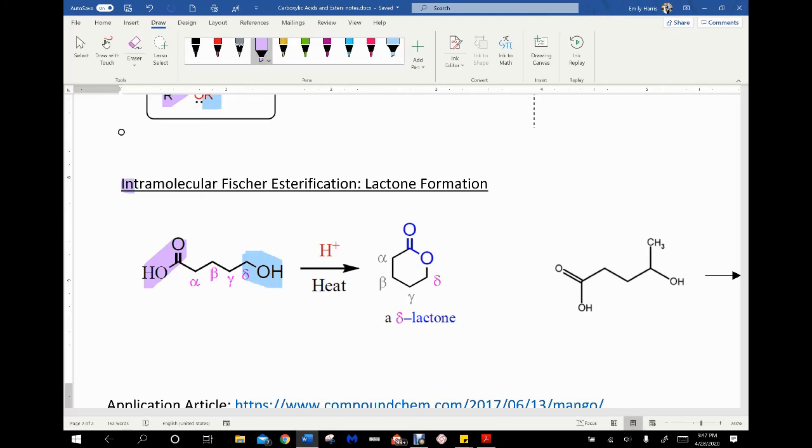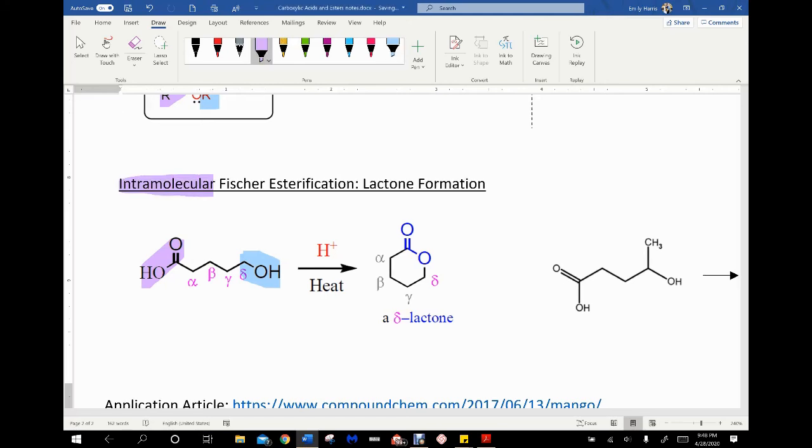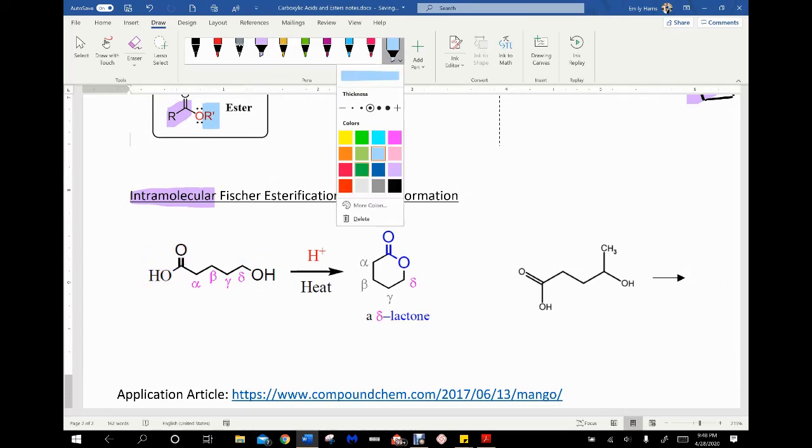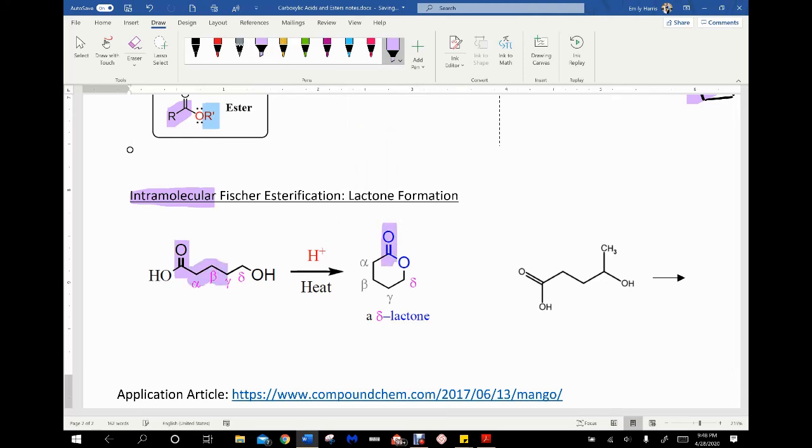intramolecular Fischer reaction. And so what happens is if we mark our oxygens here, let me get a different color right quick. Or I guess I can use the same. Okay, so here's our ketone here. And these parts are from the ketone. And then we have our oxygen coming from our acid.